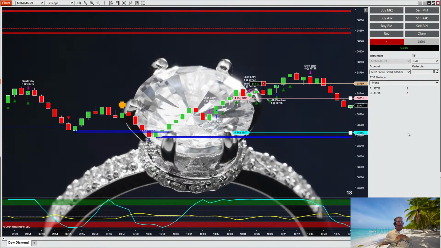Low volume on the Dow. You could see I'm at under 100 contracts a minute here, which really isn't the environment that we're looking for. But you can't complain with success.